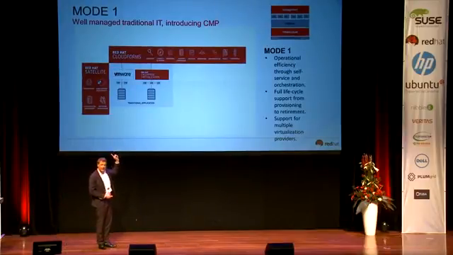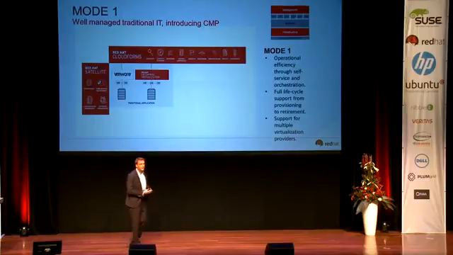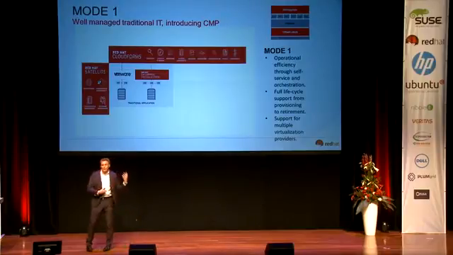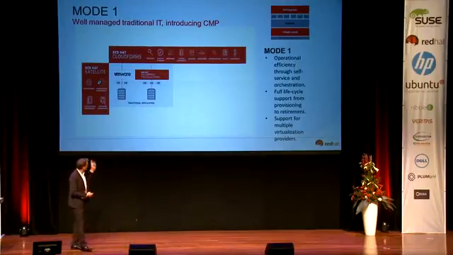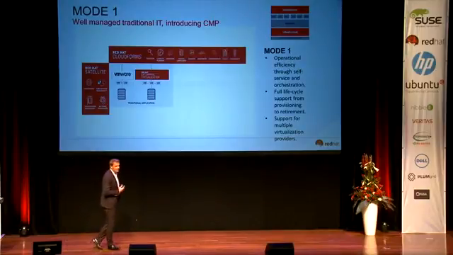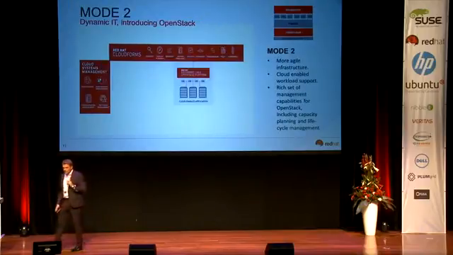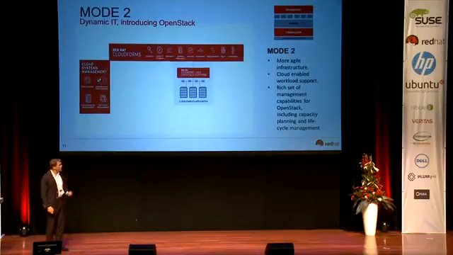Step 2, add a cloud management platform. Cloud management platform introduces possibilities immediately that give you an idea of a cloud experience. It's a self-service portal. So it allows your customers to self-provision VMs from this portal. It gives you a lot of insight in the environment that you're running, but also it allows you to orchestrate new workloads.